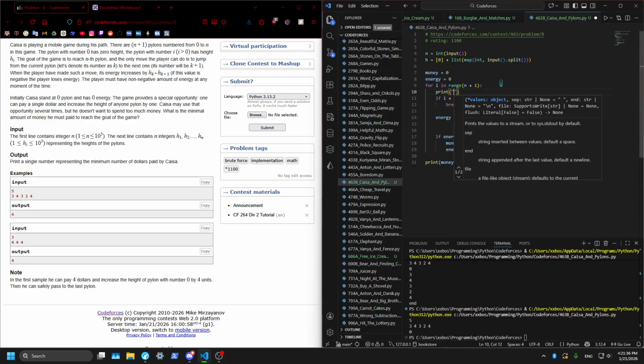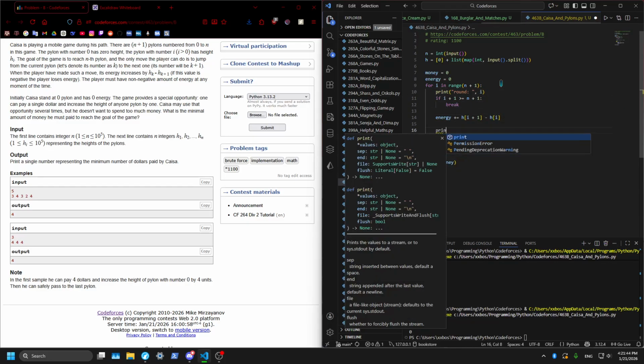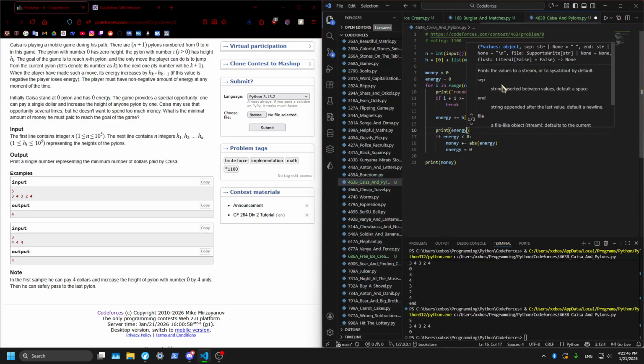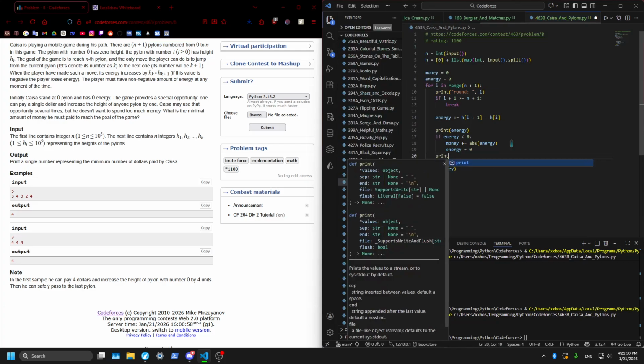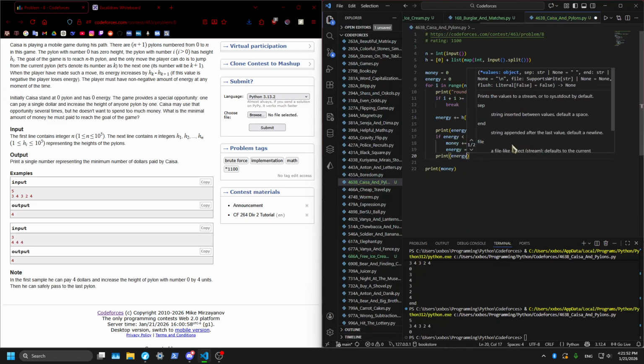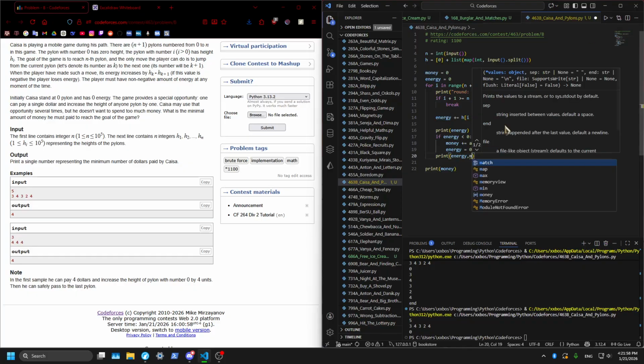Print round index, and print energy after the math, and then print energy after the balancing. Let's print energy and money here.